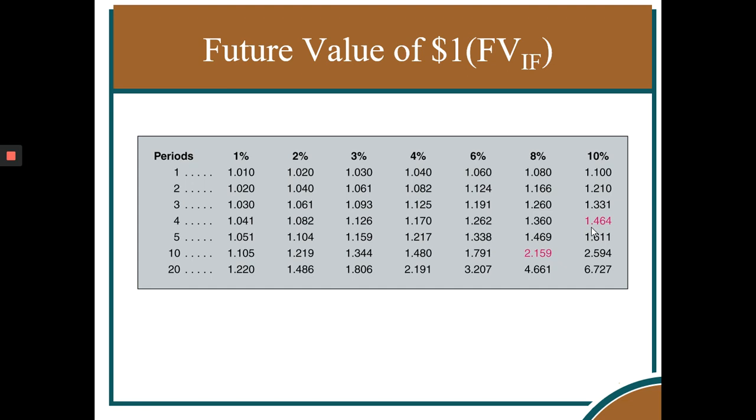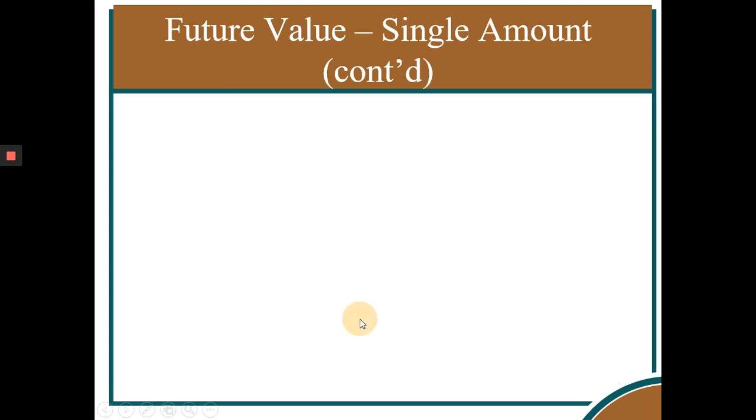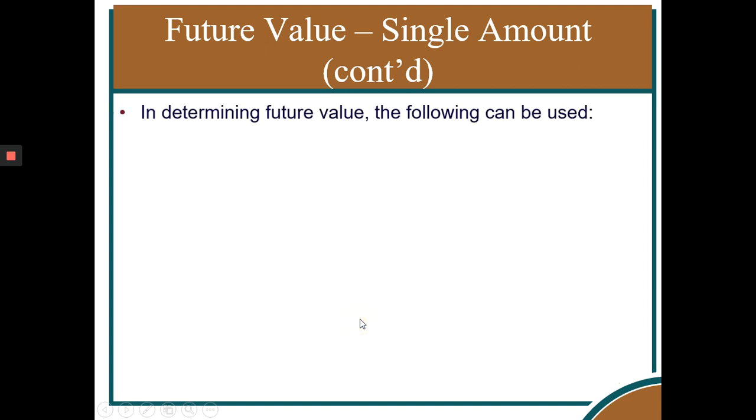You can take this amount directly and substitute in the formula, and you will get the answer. So again the same formula: future value equals present value times future value interest factor. The formula (1 plus I) to the power of n is called the future value interest factor.